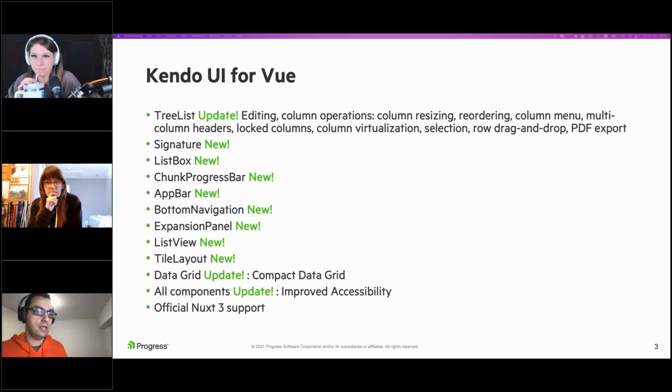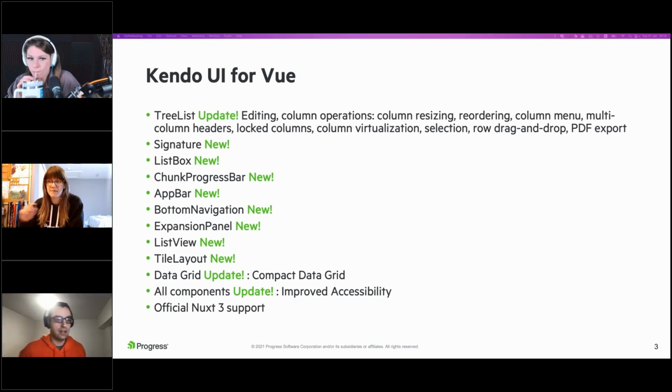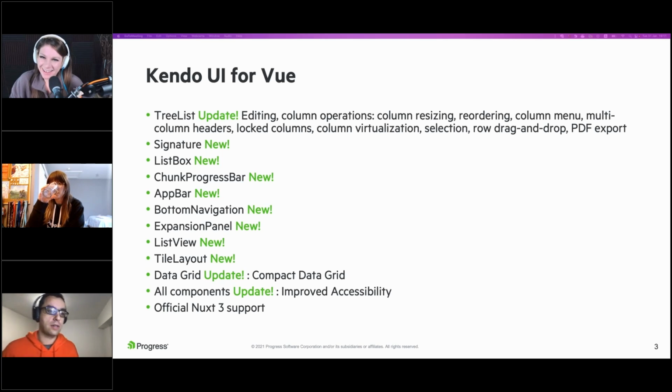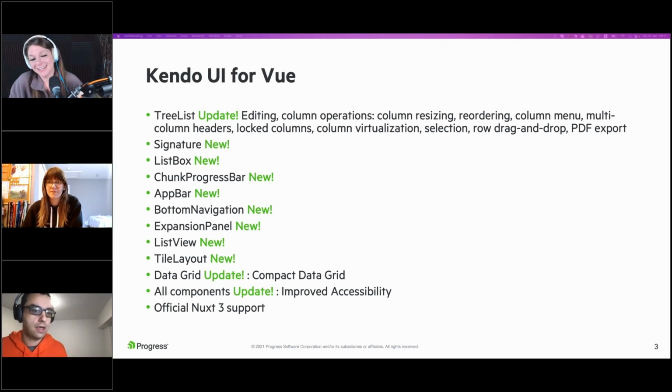Now we have the new signature, my favorite, list box, chunk progress bar, several small components that are very helpful for page layout, like app bar, bottom navigation, expansion panel, list view, and tile layout. And we also have the compact DataGrid and many other improvements.